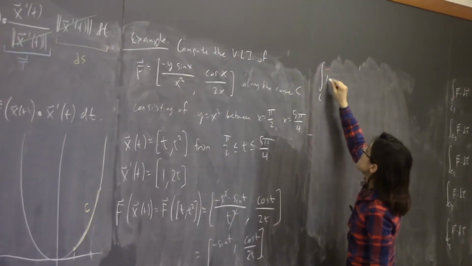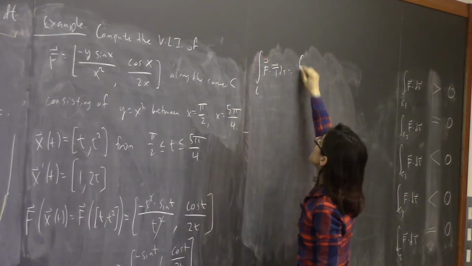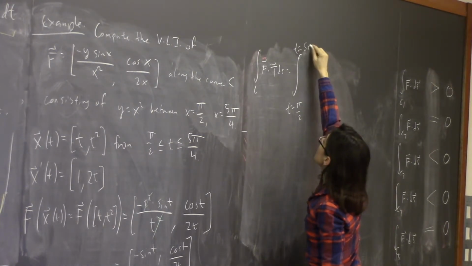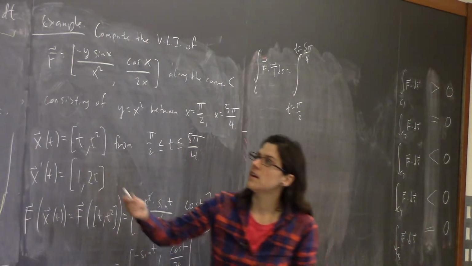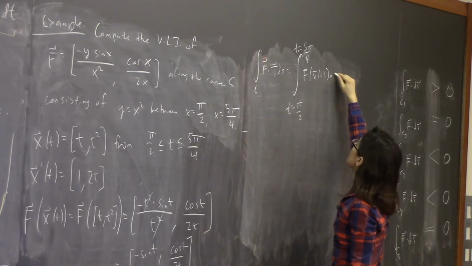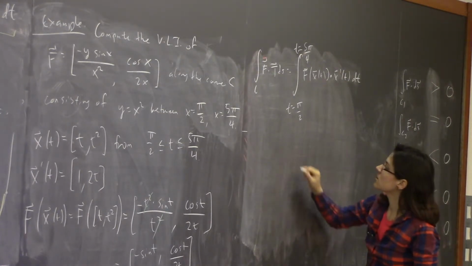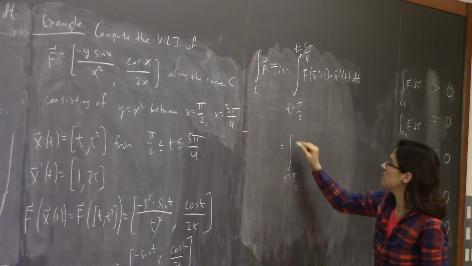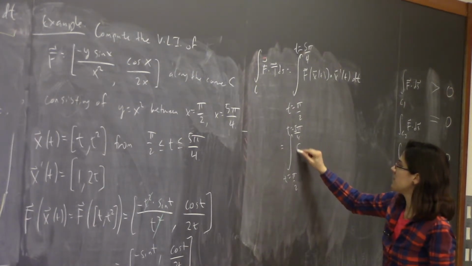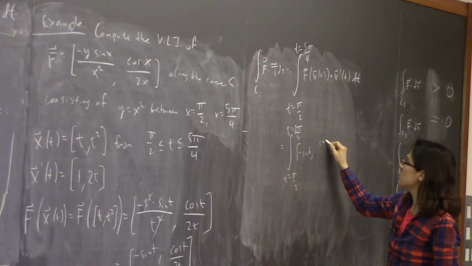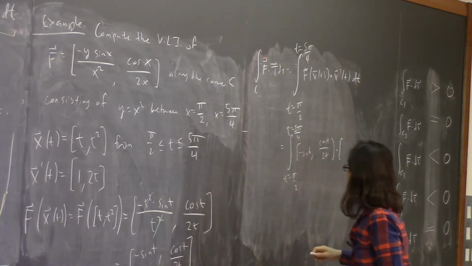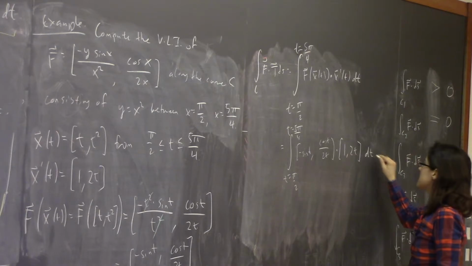So the vector line integral over c of f dot T ds is the integral from t equals pi over 2 to t equals 5 pi over 4 of f of x of t dot x prime of t dt. So let's put it in. f of x of t is negative sine t, comma cos t over 2t, dot x prime of t, which we figured out is 1 comma 2t, and integrate that dt.